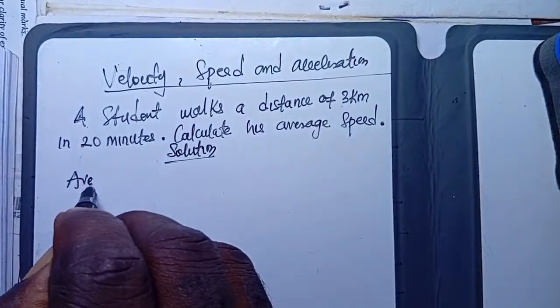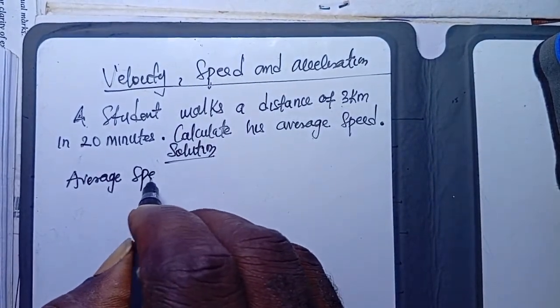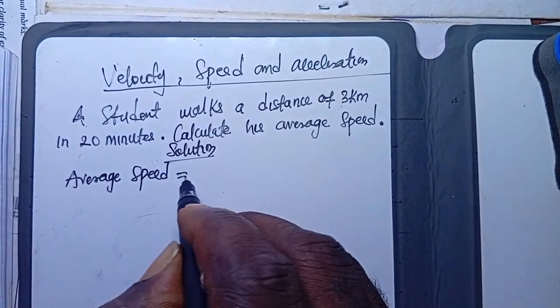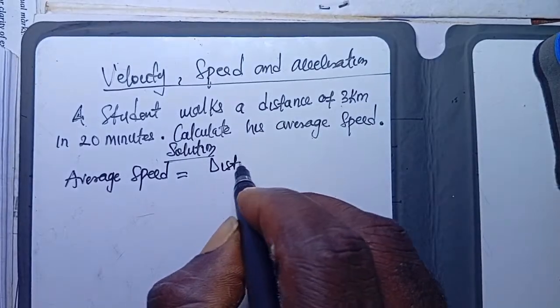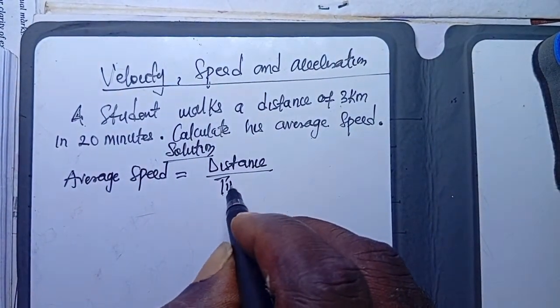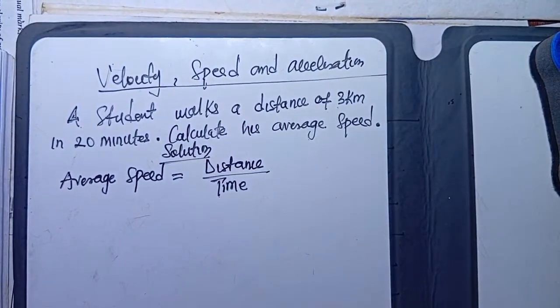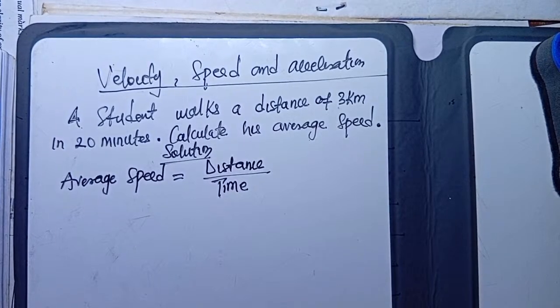An average speed is distance divided by time. That is average speed.